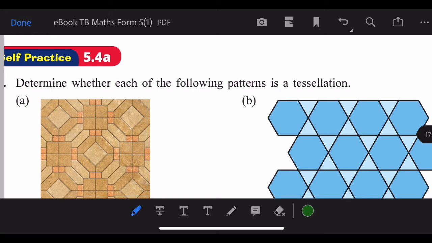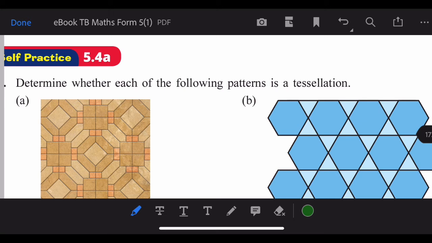For 5.4a, you write whether it is a tessellation or not, and then give the reason. If you say yes, then write down why it is a tessellation. If it is not a tessellation, also write down why not. For A and B, I give you time to observe the pattern before I discuss the answer with you.